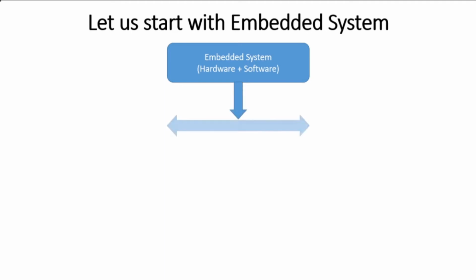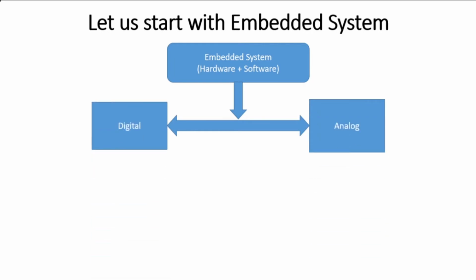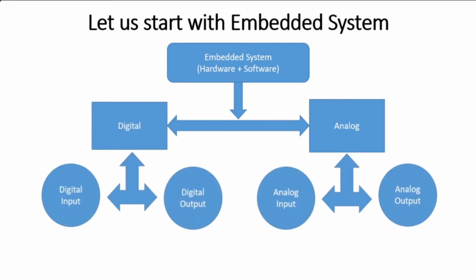An embedded system can be divided into two types, digital type and analog type. In digital and analog, it can be subdivided into digital inputs and digital outputs, then analog inputs and analog outputs.